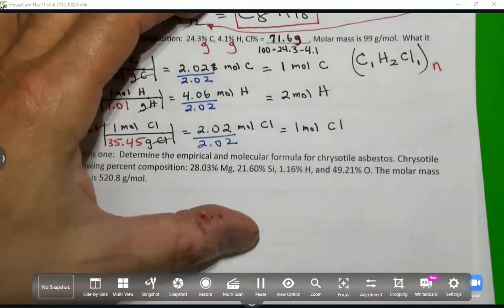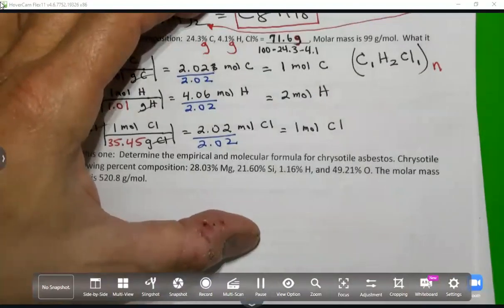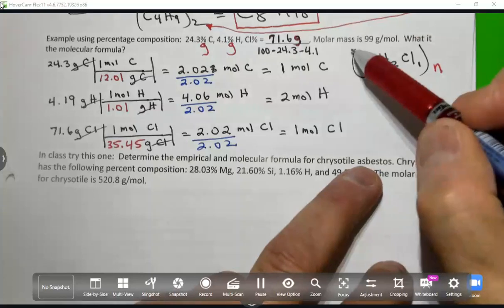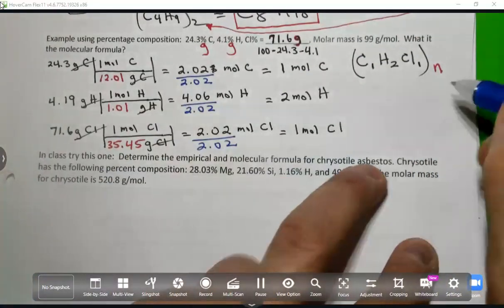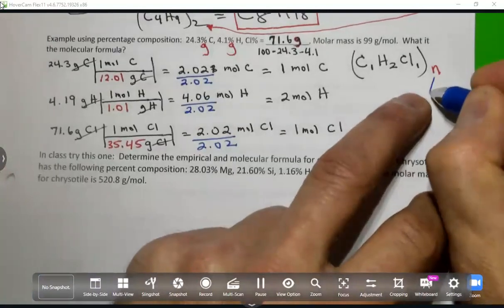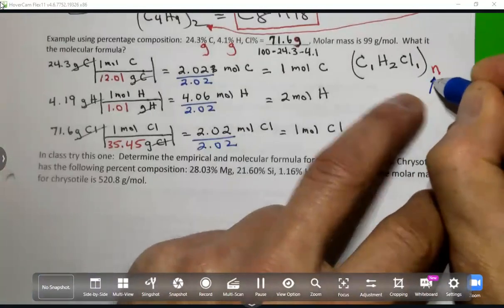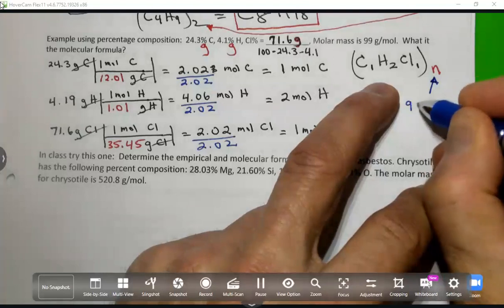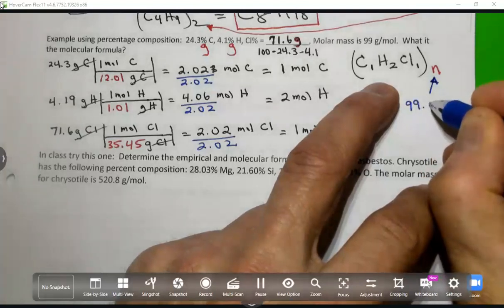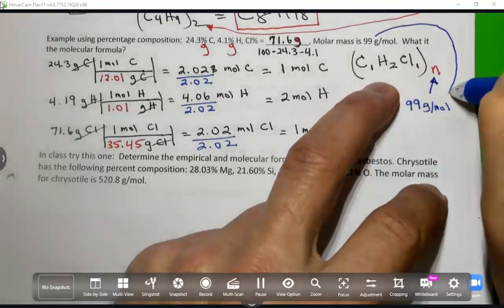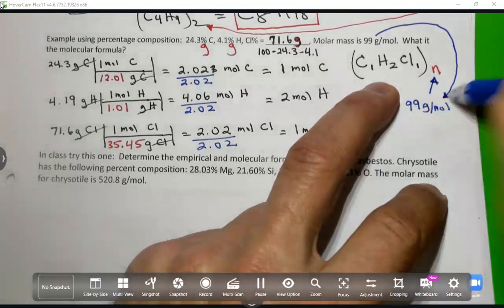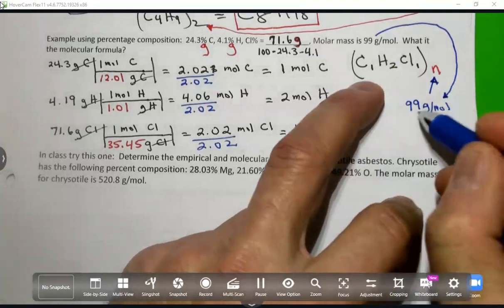We'll figure out this multiplier because we're given the molar mass. This is going to be 99 grams per mole, which is given.